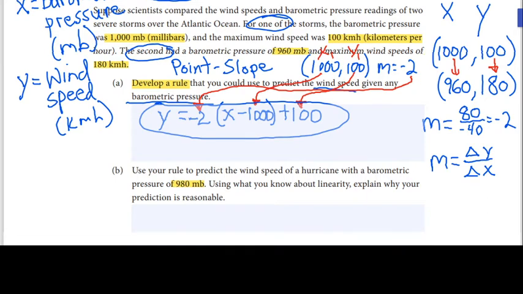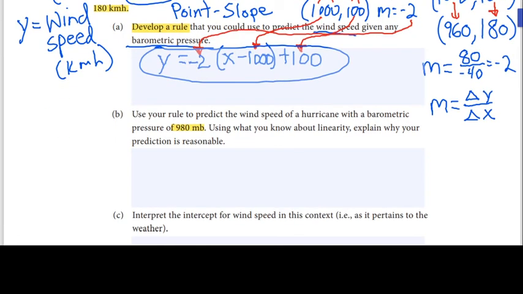So what I'm going to do is write down what I know. I know that x is going to be 980 millibars, right? So x is 980. If it tells me to use the rule, I know I'm going to have to plug something in or do something up here to figure out the answer.